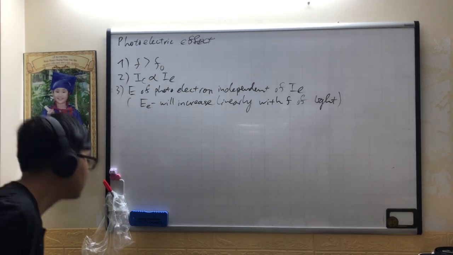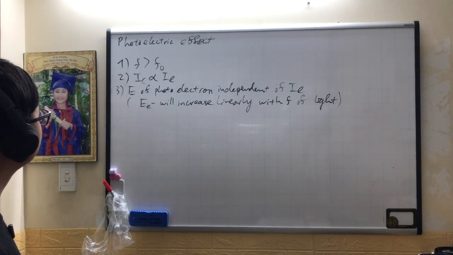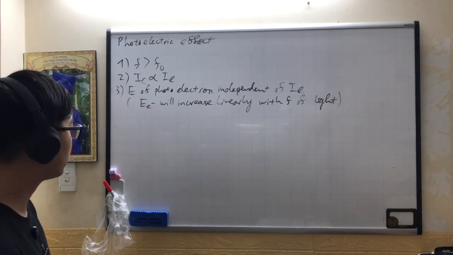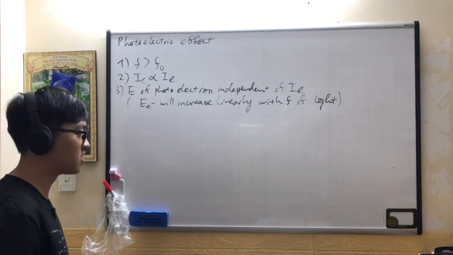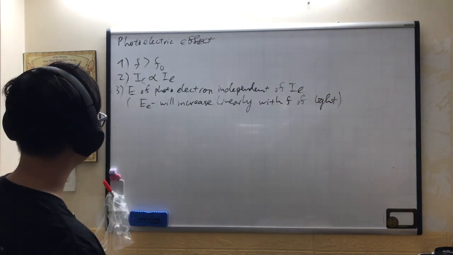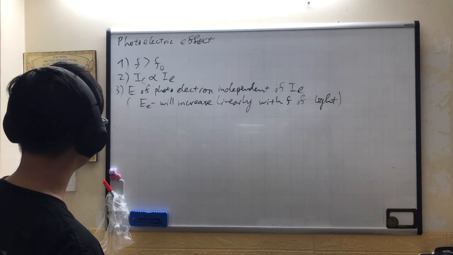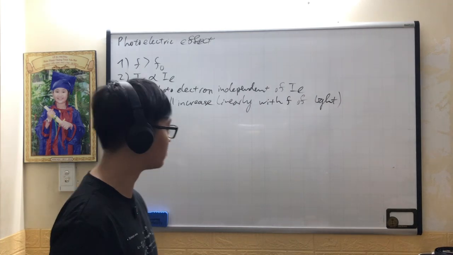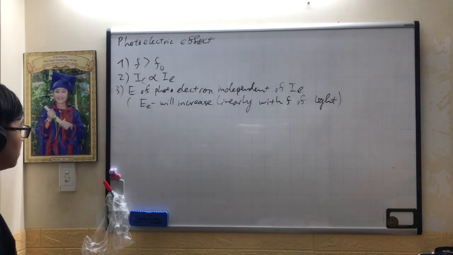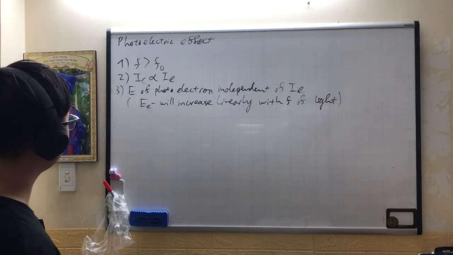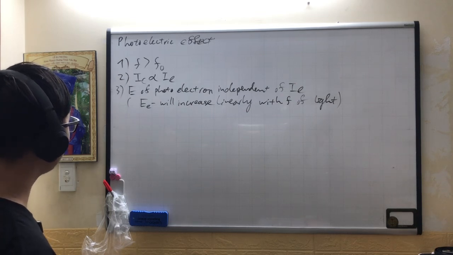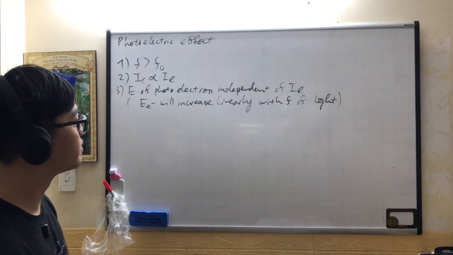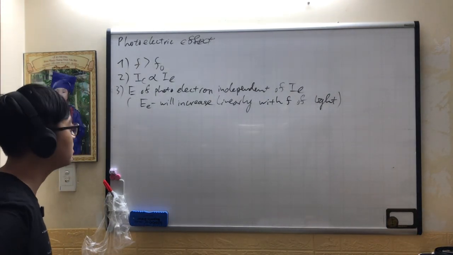First of all, the frequency of the initial light beam has to be greater than the threshold frequency for it to produce electrons. The second one is that the intensity of the photoelectric current is proportional to the intensity of the light. And the final property is that the energy of the photoelectron is independent of the intensity of the light.